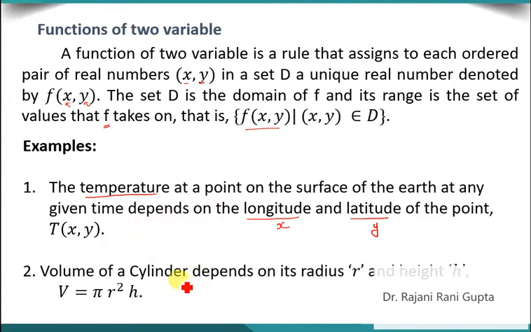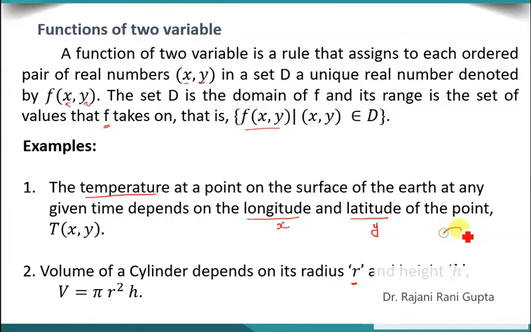Similarly, when we talk about the volume of a cylinder, it depends upon the radius and height. If we denote the radius by r and height by h, then the volume is given by pi r square h. So it's depending upon r and h.